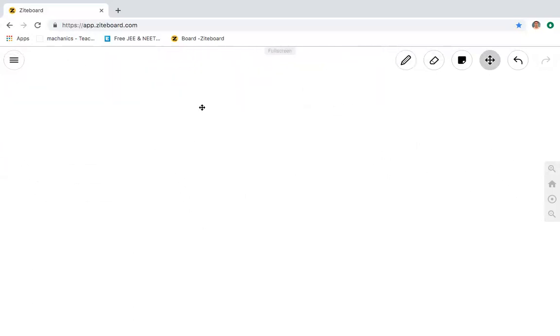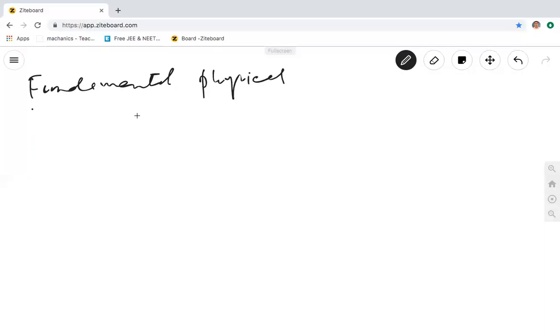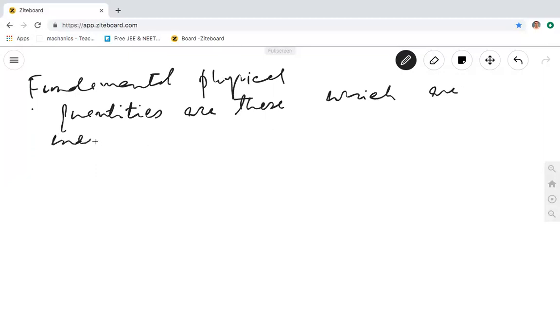First of all, fundamental physical quantities are those which are independent of each other. That is, they are not related to each other. They must be quite independent.